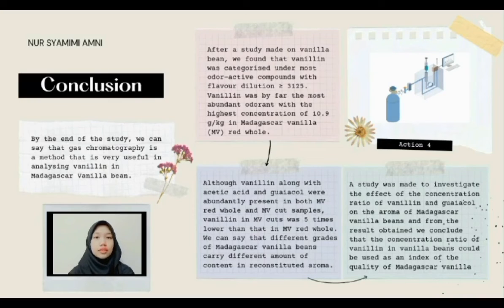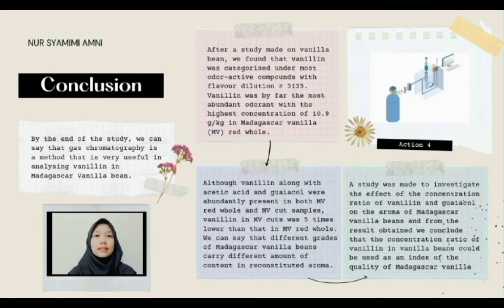Vanillin was by far the most abundant odorant with the highest concentration of 10.9 gram per kilogram in Madagascar vanilla MV red hold. Although vanillin along with acetic acid and guaiacol were abundantly present in both MV red hold and MV cut samples, vanillin in MV cut was 5 times lower than that in MV red hold.